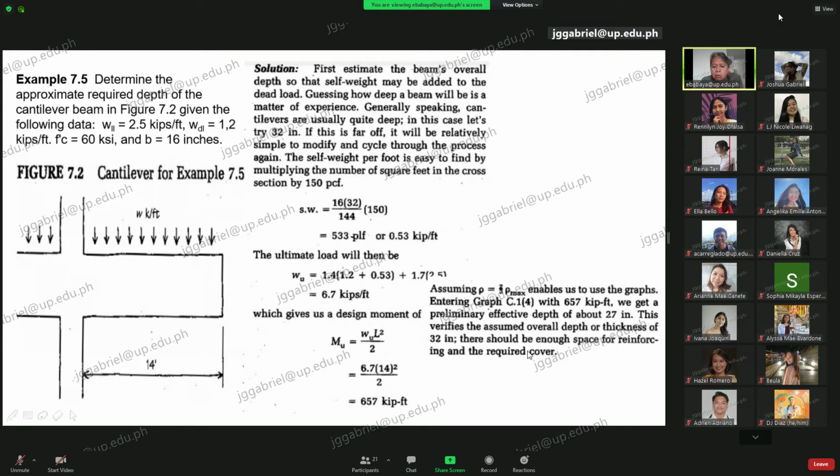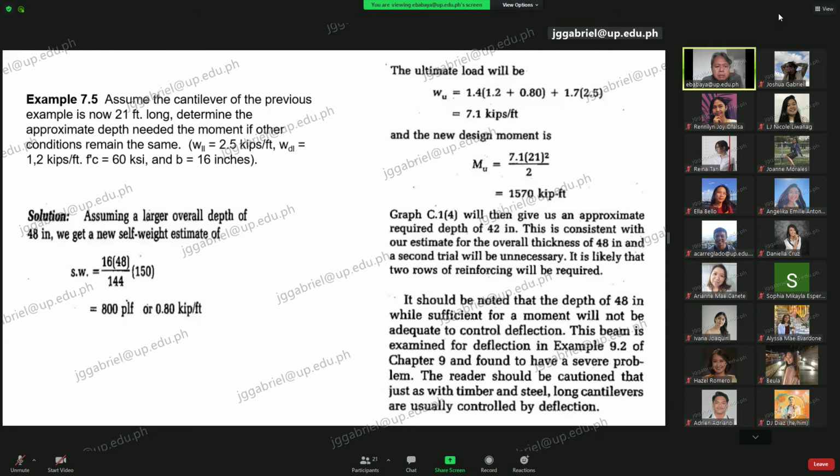Now, assuming rho is equal to 2/3 rho max, it enables us to use the graphs. Entering graph C.14 with 657 kip foot, we get a preliminary effective depth of about 27 inches. Okay, this verifies the assumed overall depth or thickness of 32 inch. There should be enough space for reinforcing and the required cover.